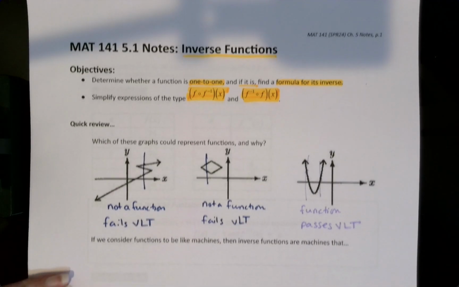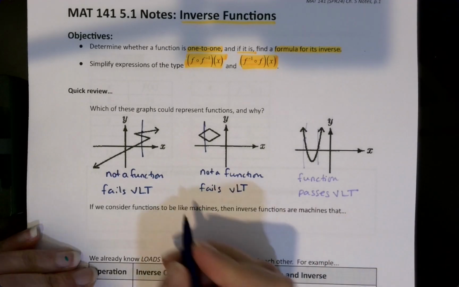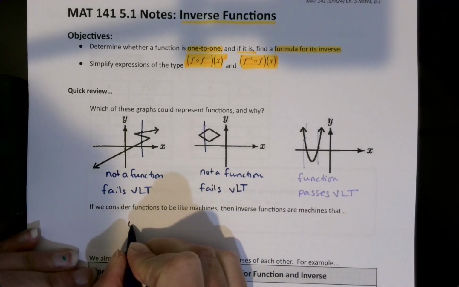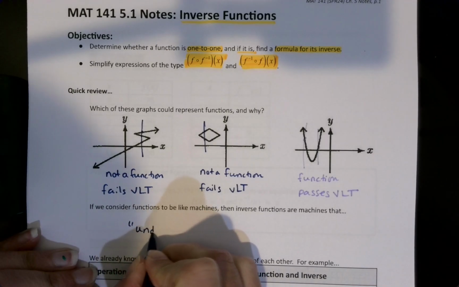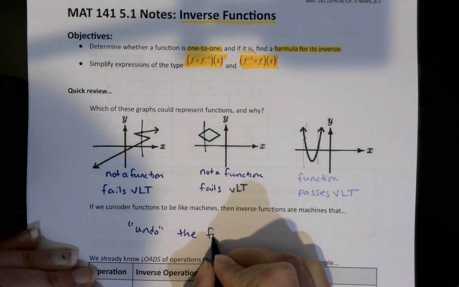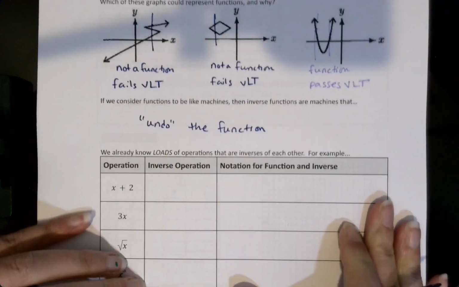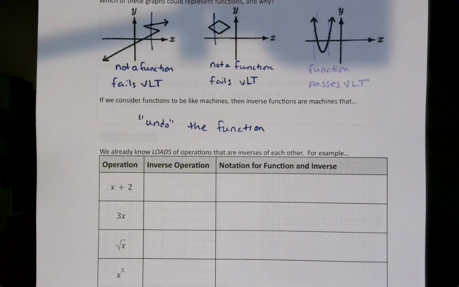If we consider functions to be like machines, then the inverse functions are machines that undo whatever the function does. We already know lots of operations that are inverses of each other.